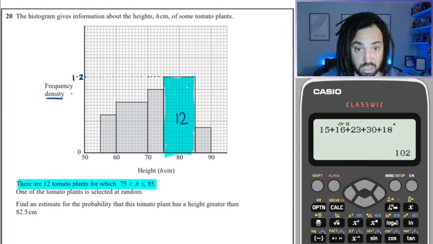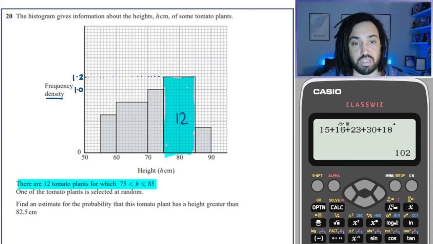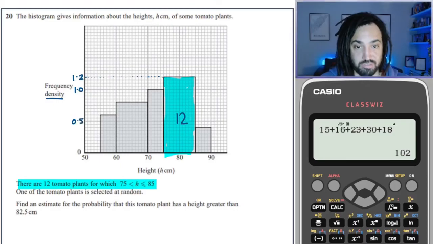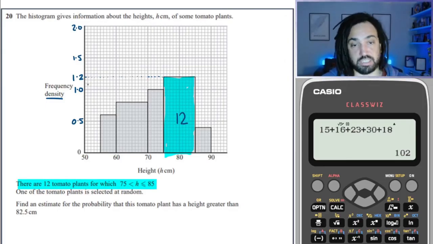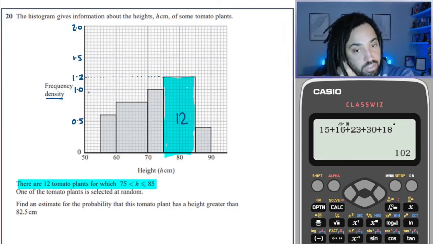So I'm going to say that this must be 1, and therefore this will be 0.5. This is a really nasty scale, and that's 1.5 then, and that's 2.0. Does that work? Yeah, that does work. Okay, fine.